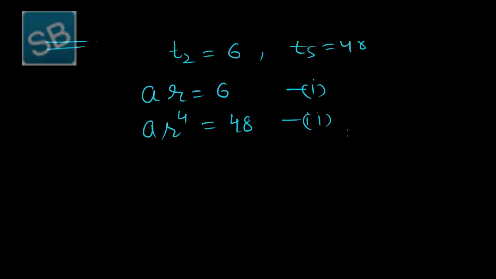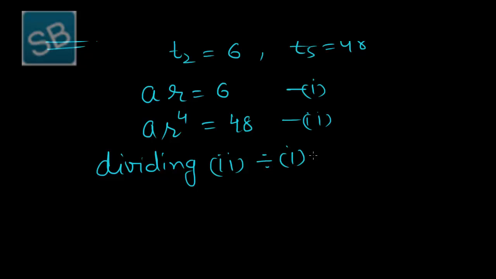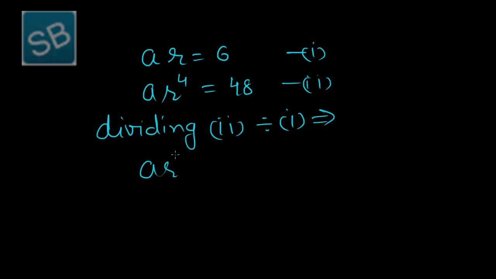So dividing 2 by 1, we get A into R raised to power 4 over A into R is equal to 48 over 6.